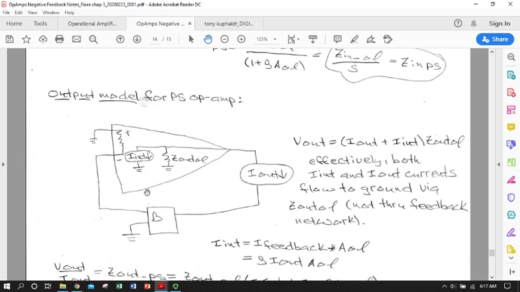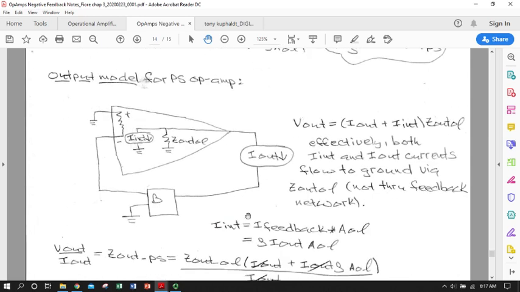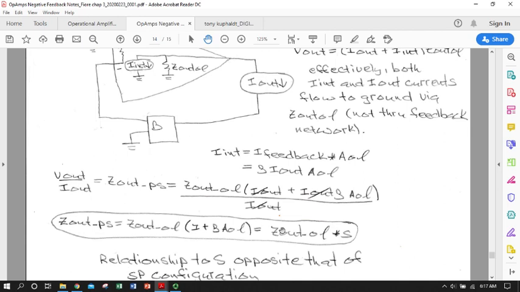I will leave it to you all to step through the same kind of algebra that we did up here and verify the relationship between our open loop output impedance and our closed loop with parallel series and the sacrifice factor. It's important to note that, again, you multiply. So this is the opposite relationship that we saw with series parallel.